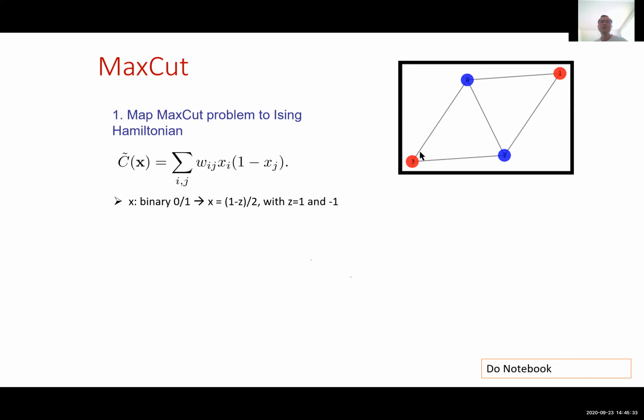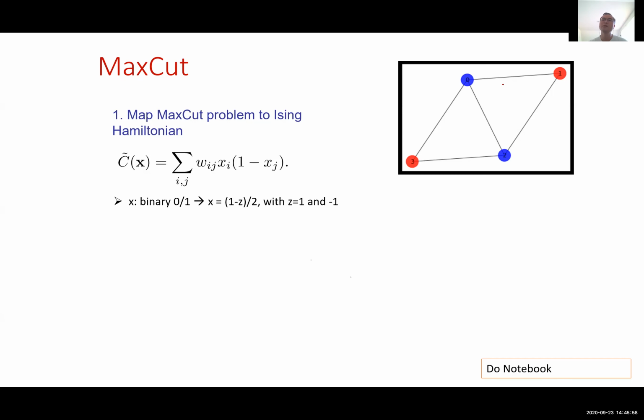Imagine you have a graph and there are nodes or vertices with edges connecting them, and you want to cut or separate the vertices into two groups so that you maximize some gain in terms of the weight.